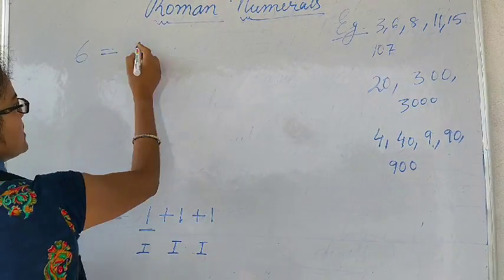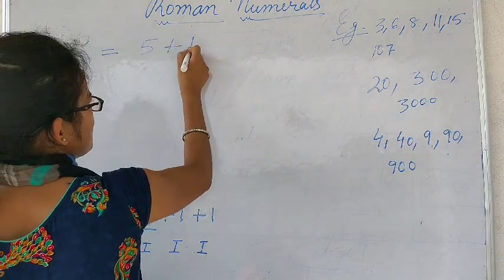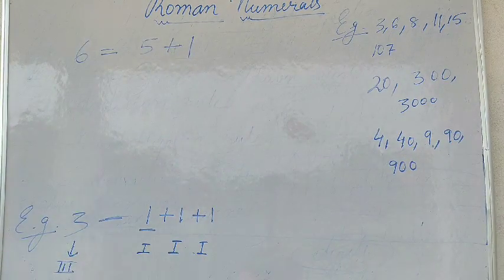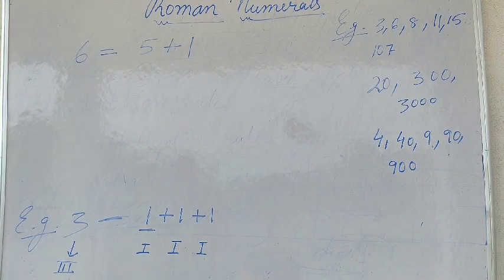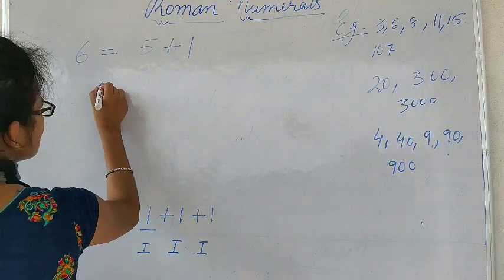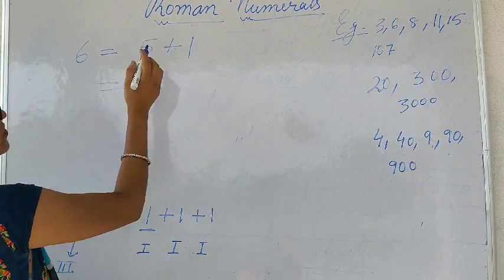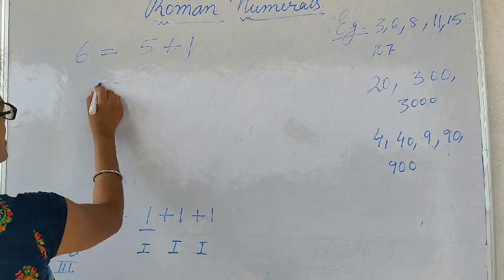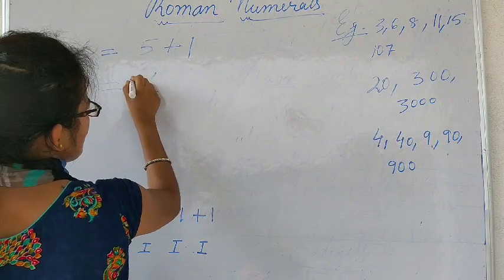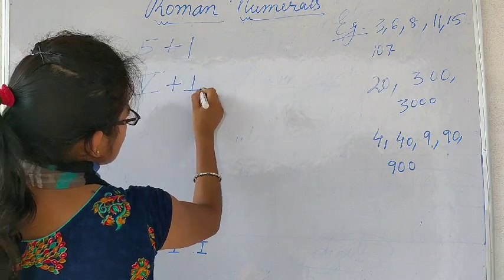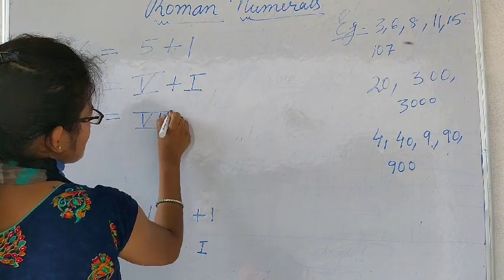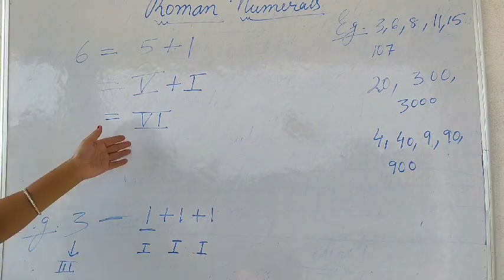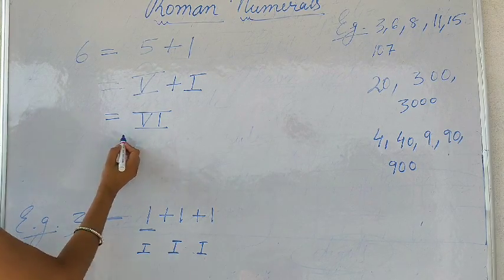So 5 plus 1 is 6. What is the symbol used in Roman numerals for 5? This is V, and for 1 this is I. So 6 is VI in Roman numerals.